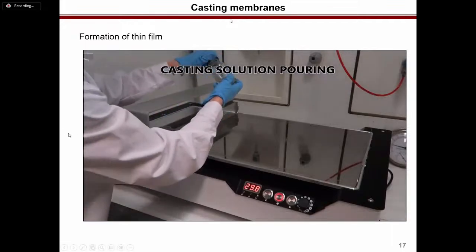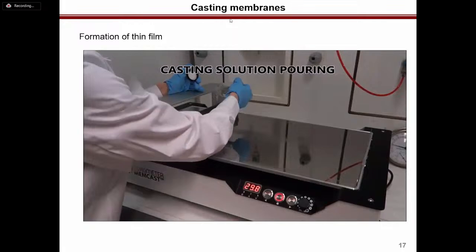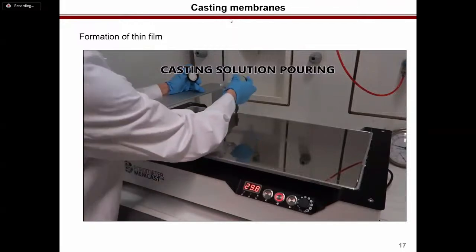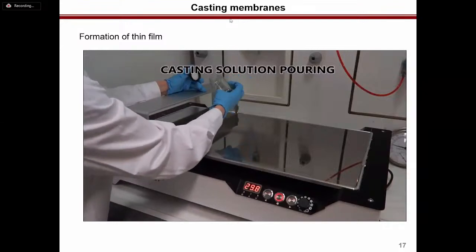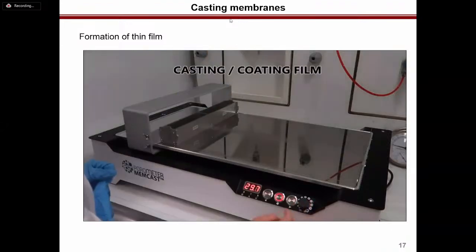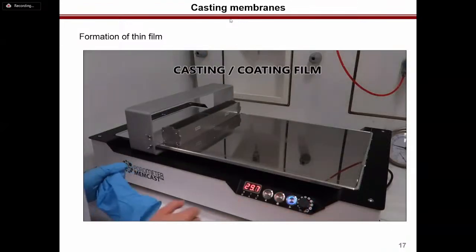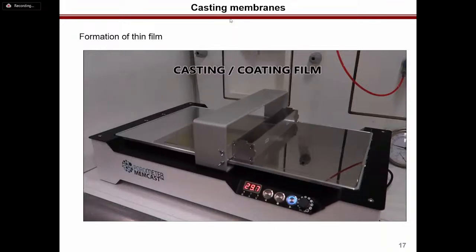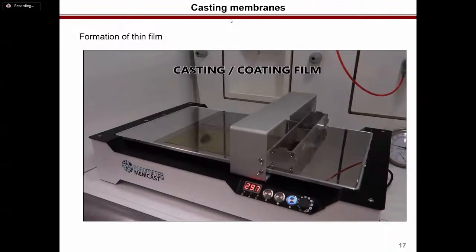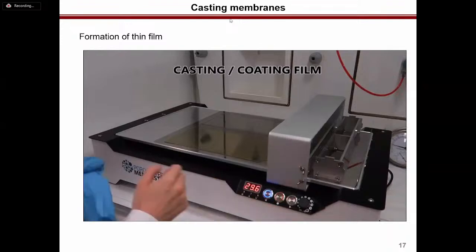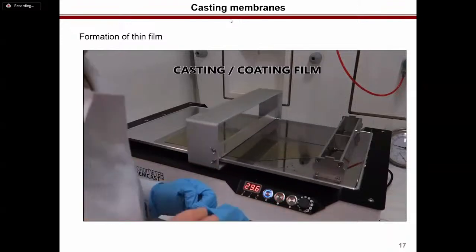It is very important that you make sure the level is uniform when you fill in the casting knife. And also it is very important to control the speed, because it also determines how uniform the thickness will be. That's why we use a very flat glass. You can see that it just forms a film on the glass plates that you have.